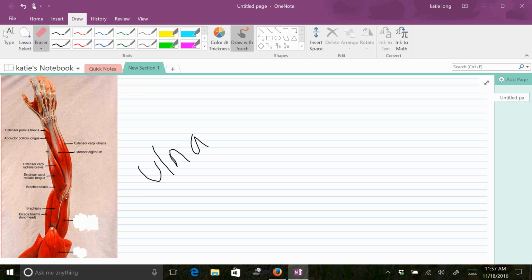I kind of like to remember that the extensor digitorum is posterior, and it is kind of visually in the middle.